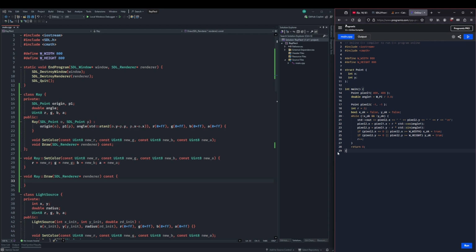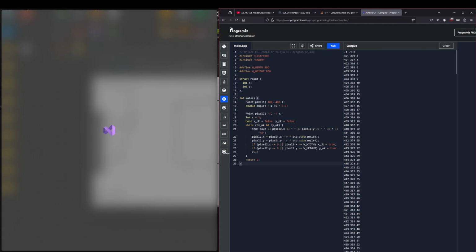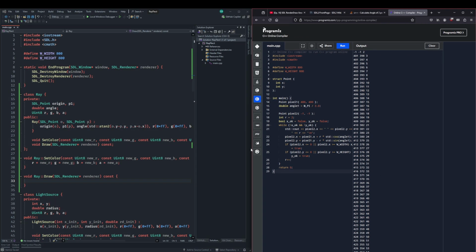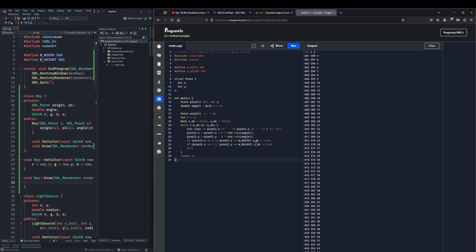So let's show more about it, because I had an output window here. Alright, this way. Okay, so basically I created a window width and height just like we have here. Created a point structure, which is just like SDL point basically, but homemade.